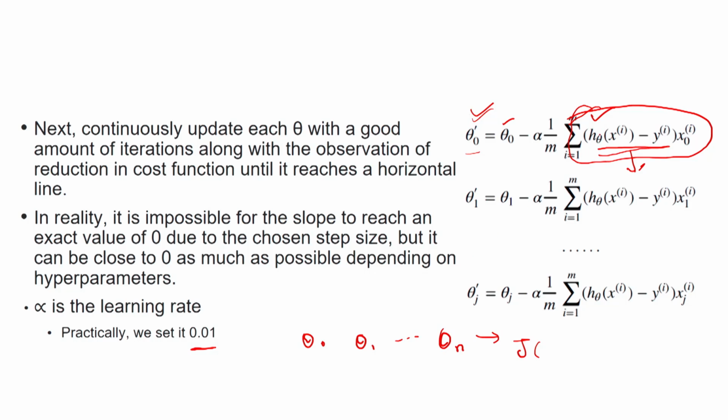Then from the updated parameters we again calculate the error for the second instance, and using that error we again update our parameters. Then from the updated parameters we calculate the error on the third instance, and so on. This will be fast, because in each and every step we are using only one instance.